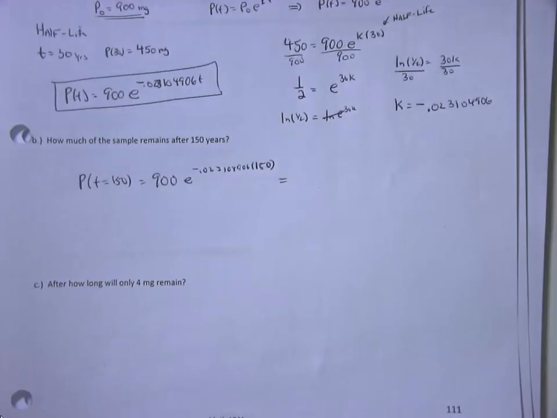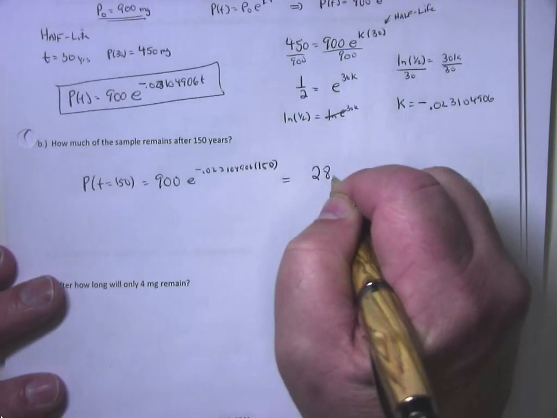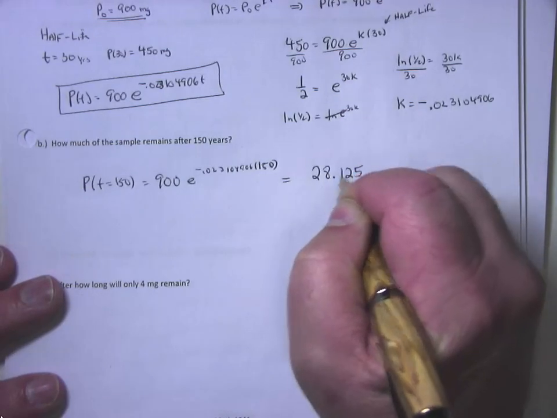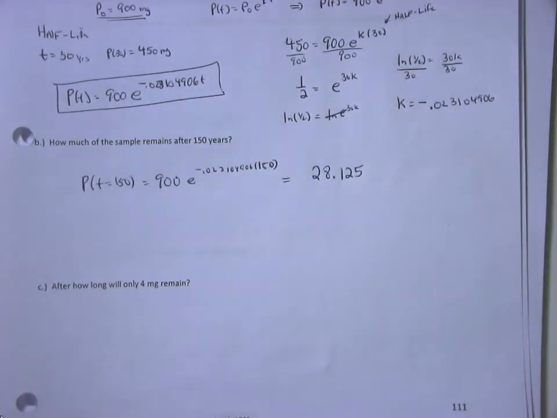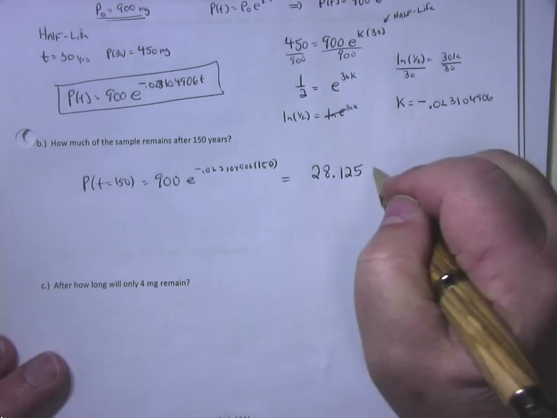I'm just going to stick that on the old calculator, and I end up getting 28.125. But this is a word problem, physics style, so we have to have units. What are my units? This is the amount of cesium-137. What was that stuff measured in? Milligrams.